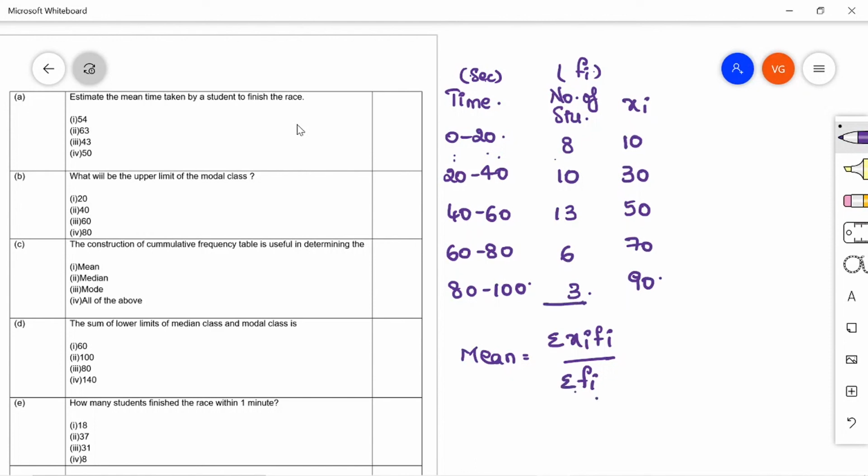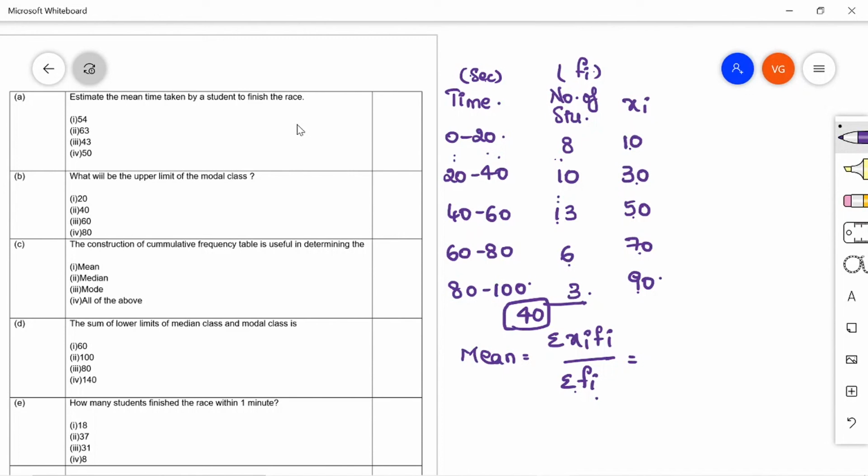So that is nothing but you have to add up all this fi. So you will get it as 8, 18, 31, 37 and 40, right? So n is equal to 40 here, and then add up all these: 10 into 8 plus 30 into 10 plus 13 into 50 plus 70 into 6 plus 90 into 3.